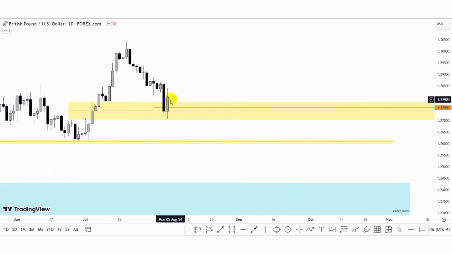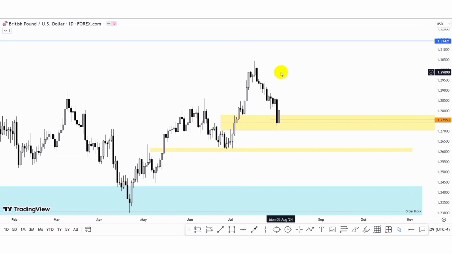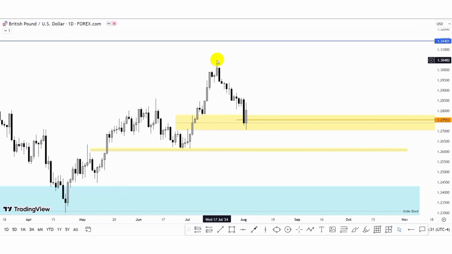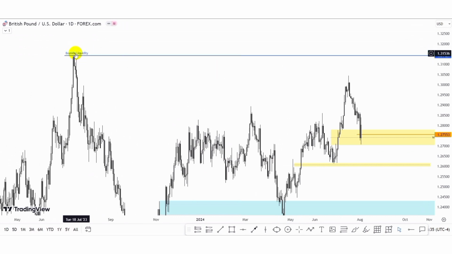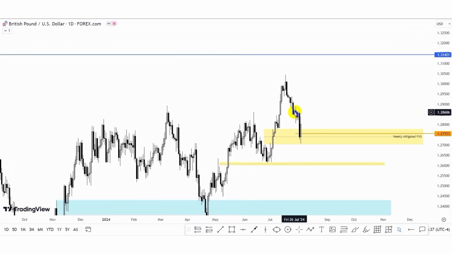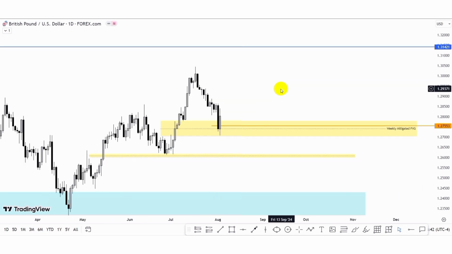So we could see price give us that bearish move to this price level, or price might sweep Friday's low point, and then we have the bullish move of price to the upside. We're targeting to see price raid this buy side liquidity, and then we look out for the weekly buy side liquidity, which we're anticipating to see price raid in the GBP USD pair.